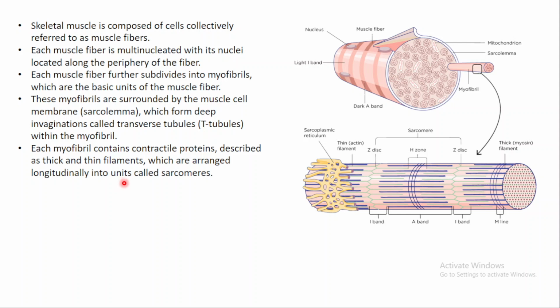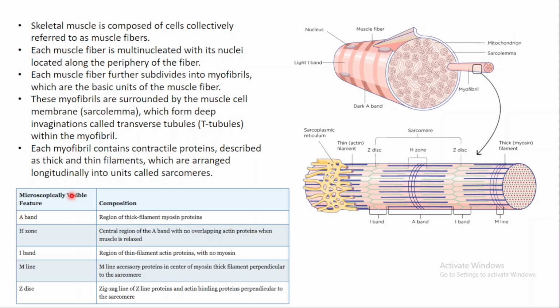As I was telling you, each myofibril has many different contractile proteins, appearing as thick and thin filaments, arranged into single units called sarcomeres. Here are the microscopically visible features in a single myofibril of a muscle.